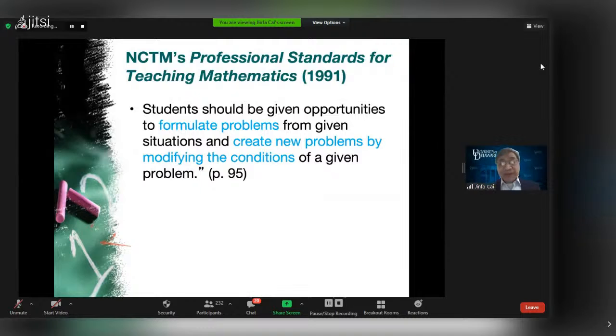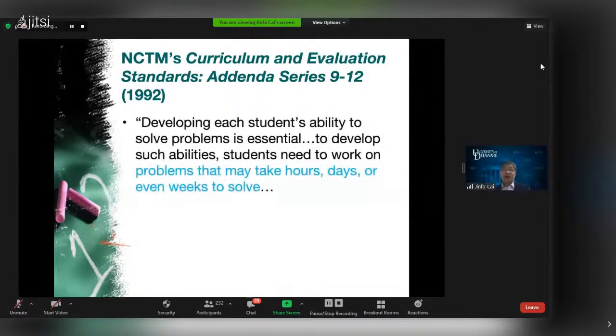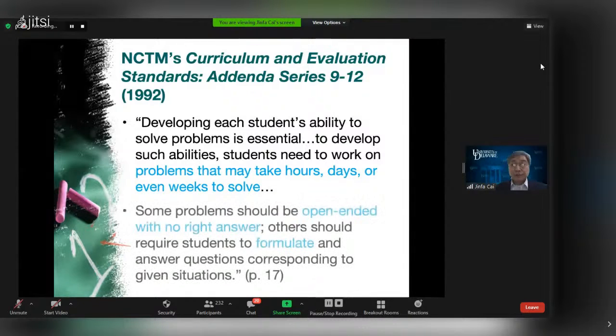In the assessment standards published in 1995, it is recommended that teachers use problem posing to assess students' learning and mathematical thinking. Even in 1992, in the Curriculum and Evaluation Standards addenda series for grades 9 to 12, it also says to give students opportunities to formulate and answer questions corresponding to given situations.